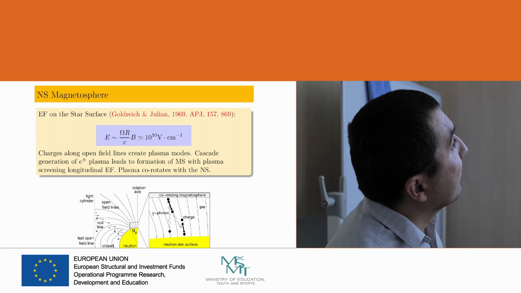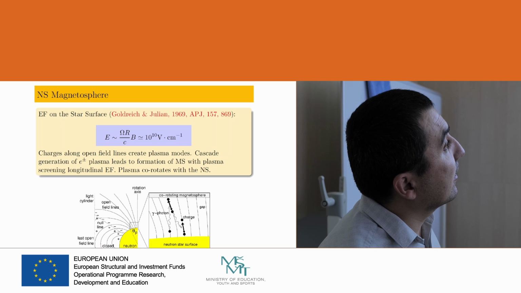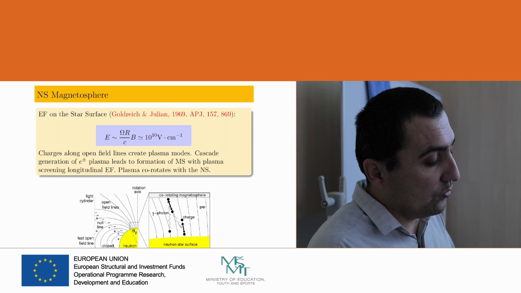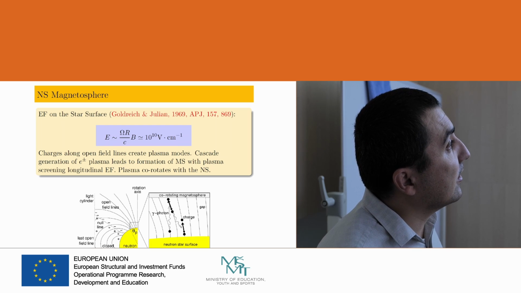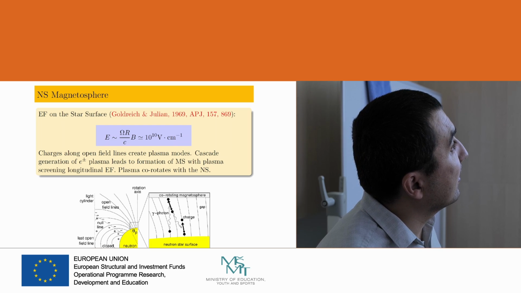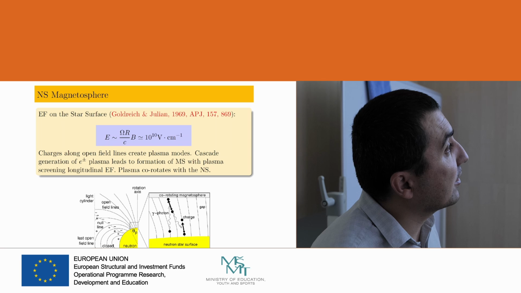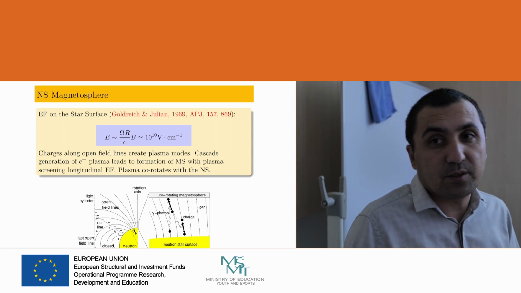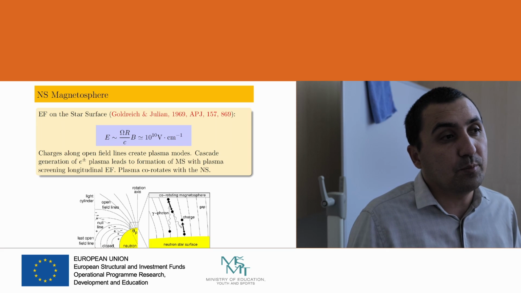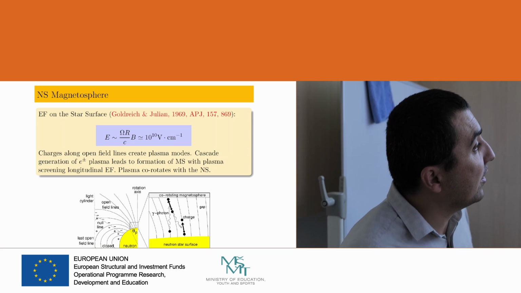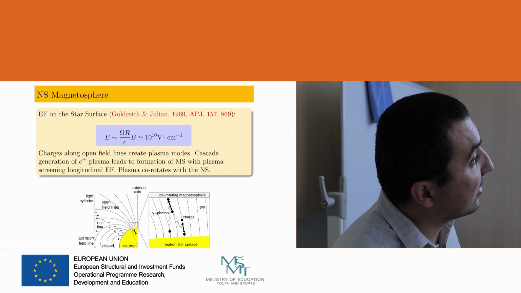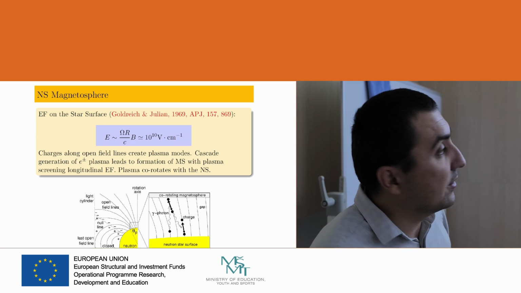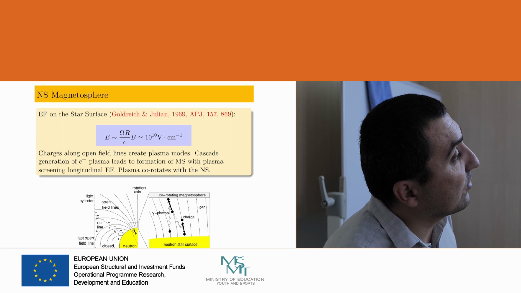So this high electric field can pull electrons out from the surface of the star, and these charges moving along the magnetic field line create gamma rays. Gamma rays in turn produce pairs, positron-electron pairs. These positrons and electrons accelerate in opposite directions, and they also create gamma photons.